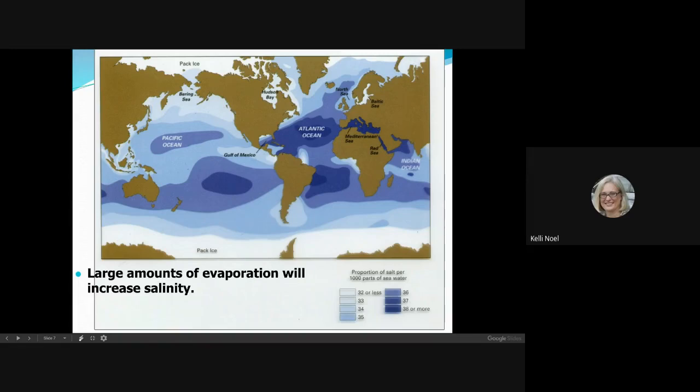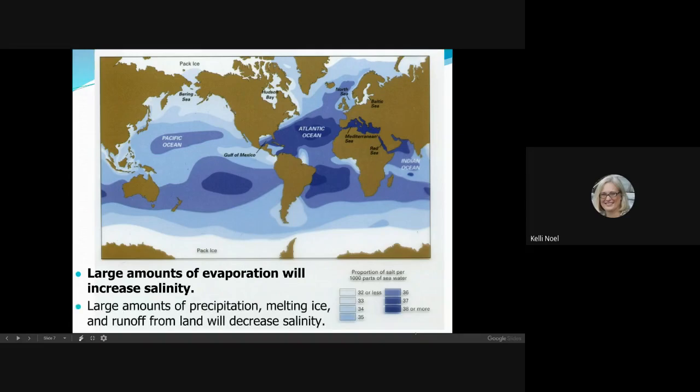Notice the further north you get or the further south you get, closer to the poles, there's not a lot of salt. And it says packed ice. Well, yeah, when you get to a certain point, it's ice. All right, so down here's what we're filling in. Large amounts of evaporation will increase salinity.